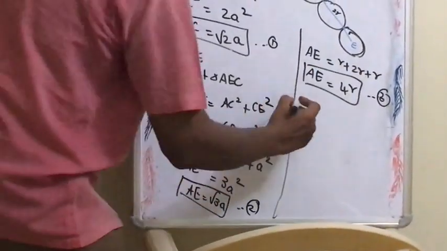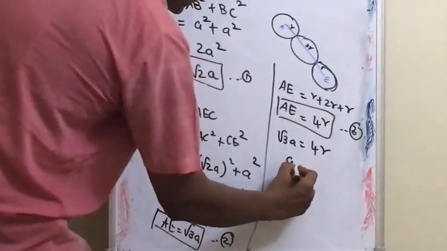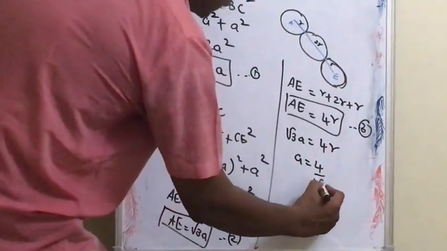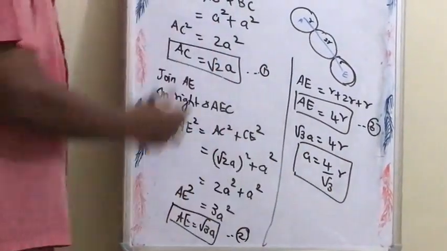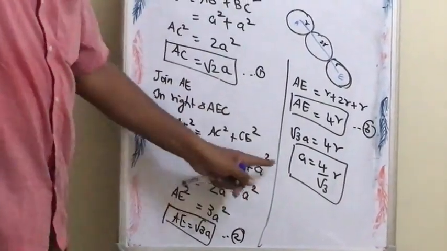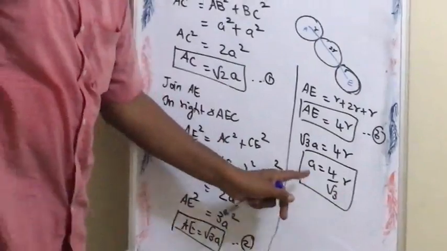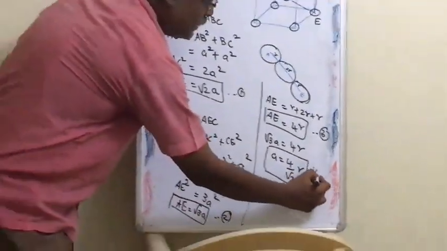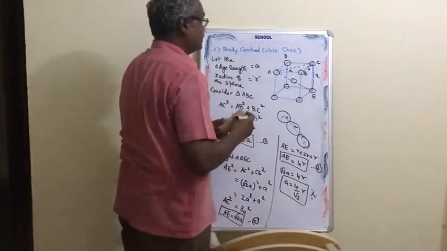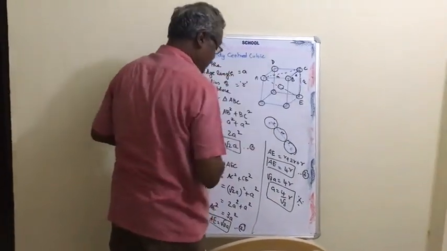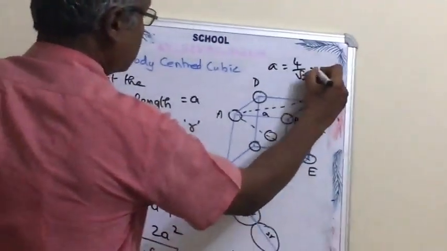Comparing these two, root 3 a equal to 4r, or a equal to 4 by root 3 r. We are deriving all this in order to convert a in terms of r. This is a very important relation, a equal to 4 by root 3 r.